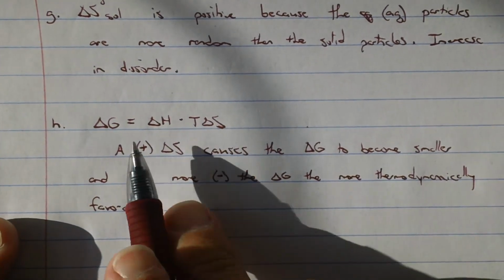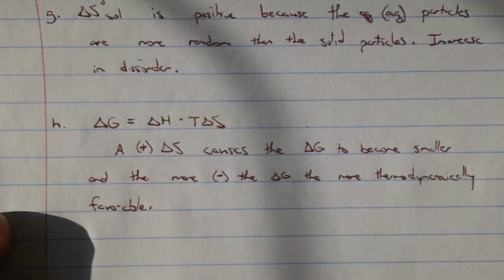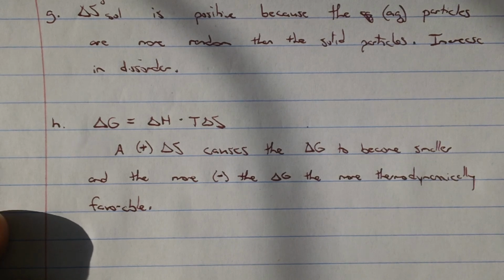I would put the delta G equals delta H minus T delta S as part of my explanation there.